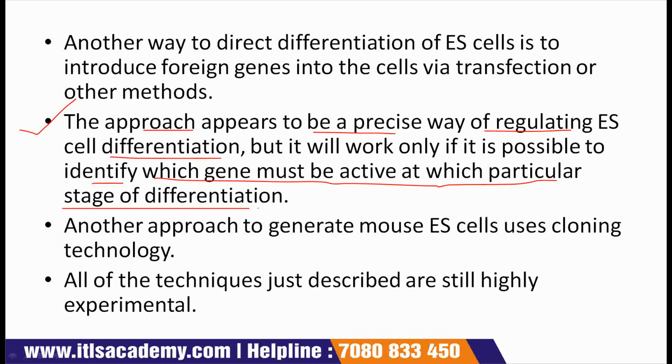The result of these strategies is to add an active gene to the embryonic stem cell genome, which then triggers the cells to differentiate along a particular pathway.